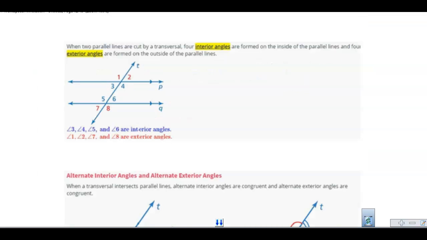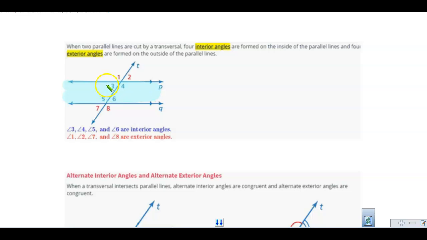Some other things that are good to know when we are dealing with a transversal. We form what are called interior angles and exterior angles. As noted in this diagram here, the interior angles are those angles within the parallel lines that are formed.